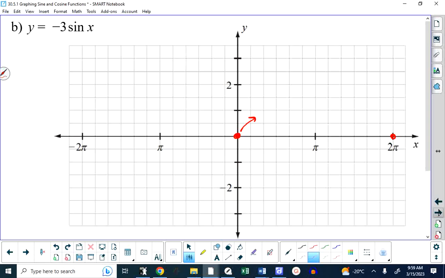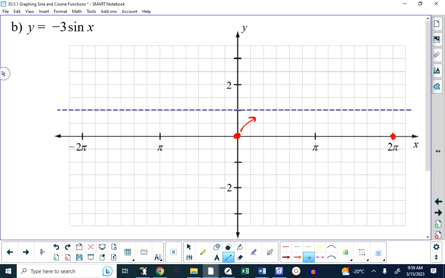And if this were sine x, and hold off on drawing anything, just soak it in. If this were sine x, it would start at the origin going up, it would complete a complete cycle in 2 pi, and it would have a maximum and minimum of 1 and -1 respectively.